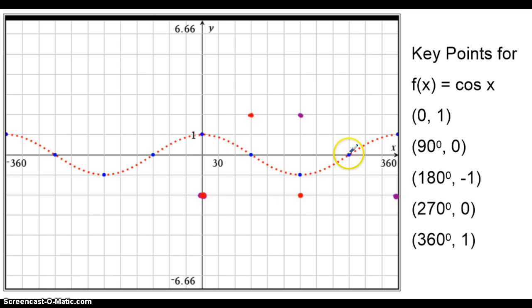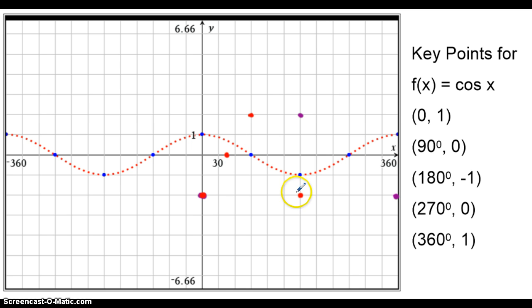Our zeros, which occurred halfway between a max and a min in each part of the cycle, will also be in the same location. So halfway between a minimum and a maximum, we must have a 0. The minimum occurs at 0 degrees, the maximum at 90. Halfway between that is 45 degrees.